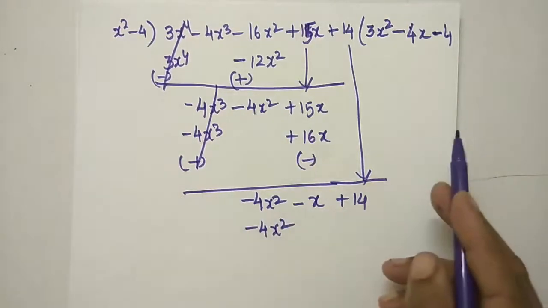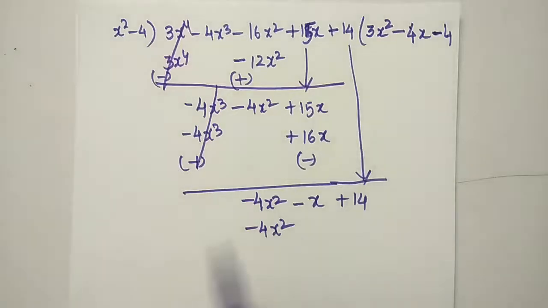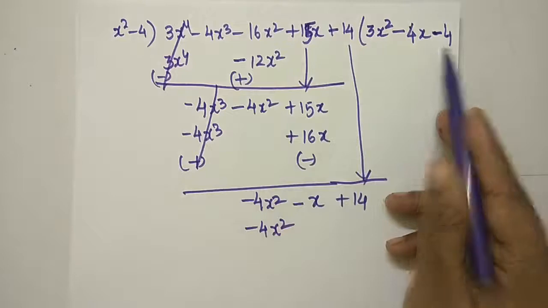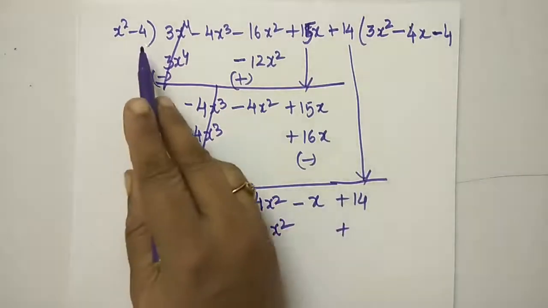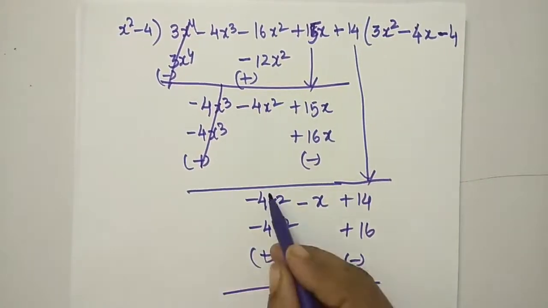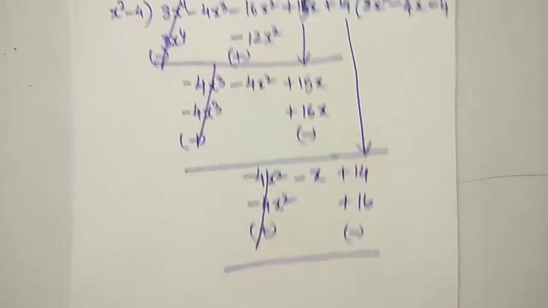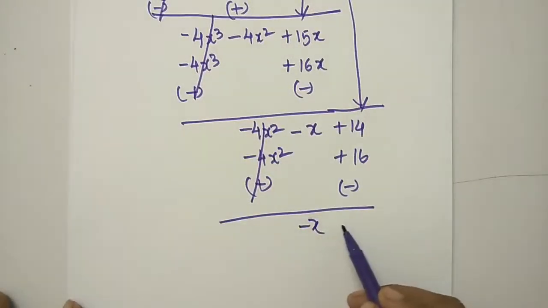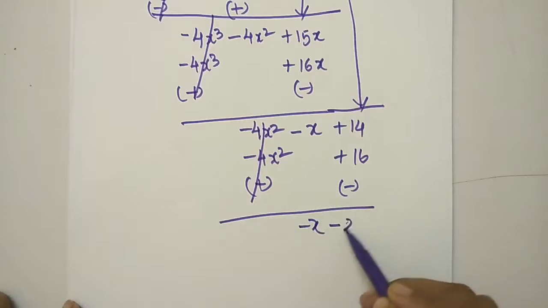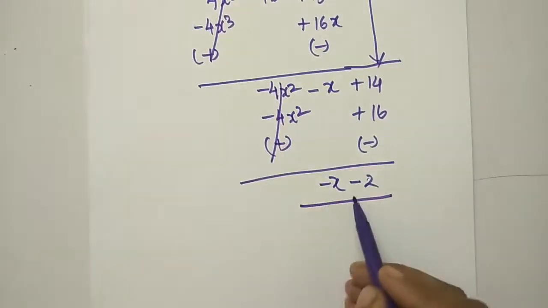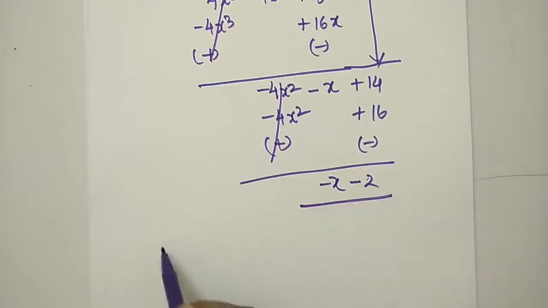X square into minus 4 is nothing but minus 4x square. Minus into minus is nothing but plus. 4 into 4 is 16. Now change the sign. These two get cancelled. You will get minus x minus 2.